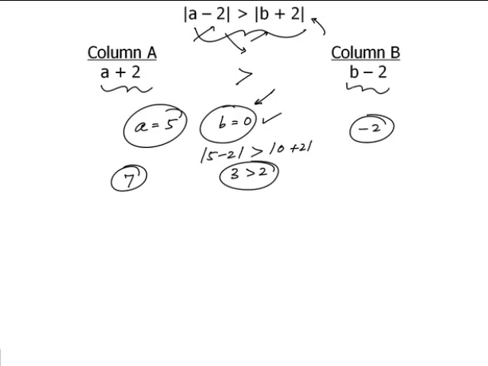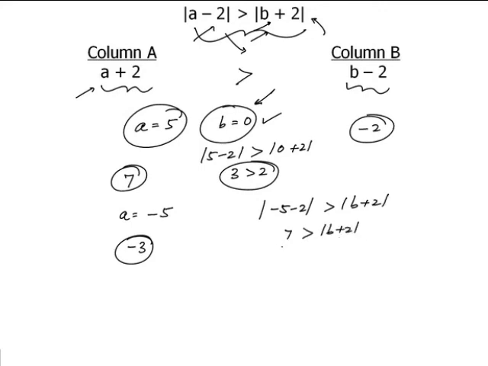So now I have to think in terms of maybe making A a negative number. So for example, A is minus 5. So in this case, column A is minus 3. Now I have to also pick a suitable value of B. So I'll plug in minus 5, so it's minus 5 minus 2. So that's 7. So I have to pick B in a way that it satisfies this inequality.